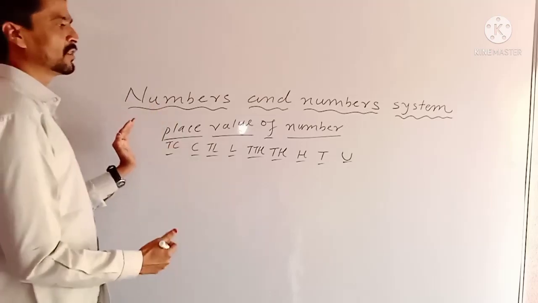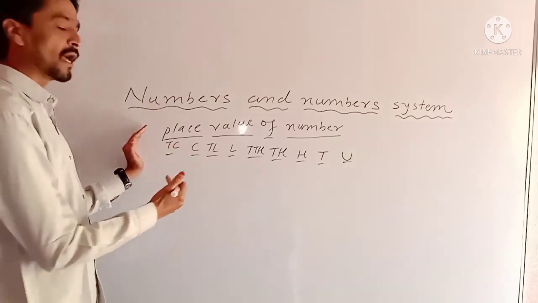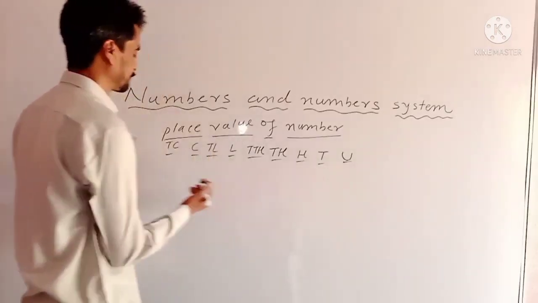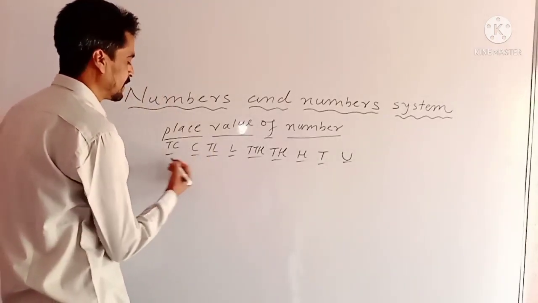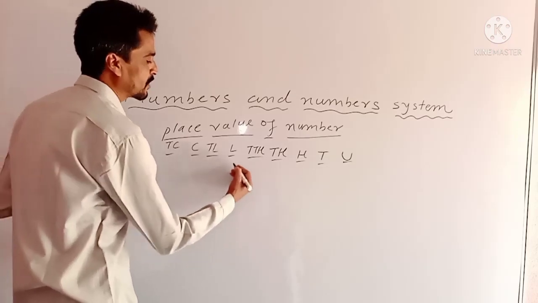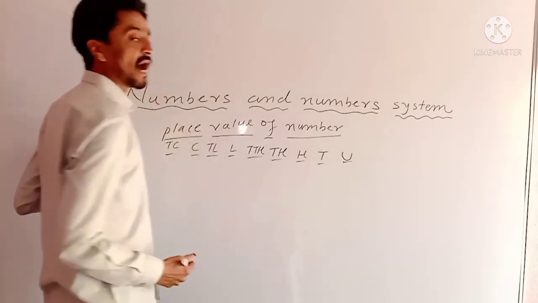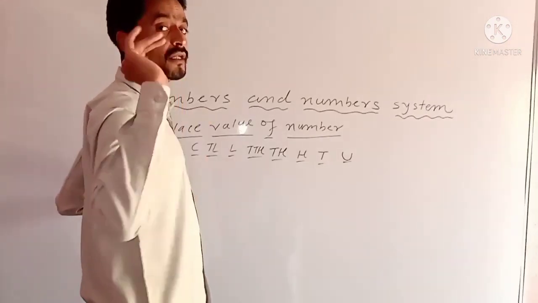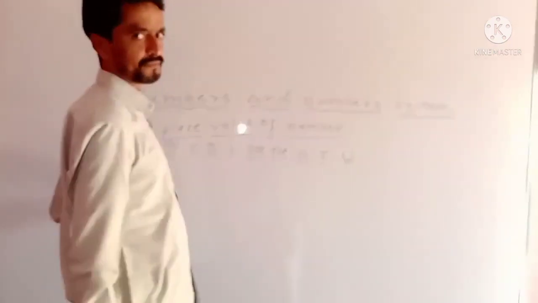When we consider any number's place value from left hand to right hand, it decreases. How many times does it decrease? It decreases 10 times.